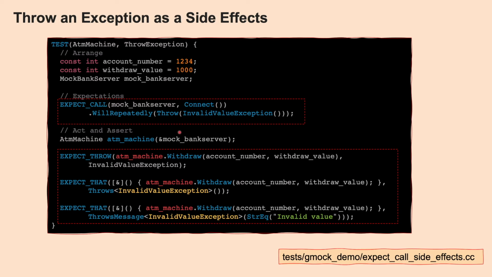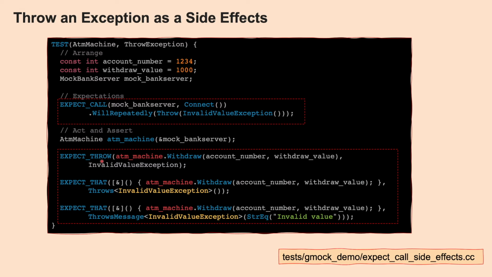And finally, here is another interesting example that shows how you can specify that if one of my mock functions is being called, throw an exception. So here I'm saying when connect was called, throw an exception of type invalid value exception. And you can check if this exception is happening using either expect throw or expect that we talked about in my previous videos.